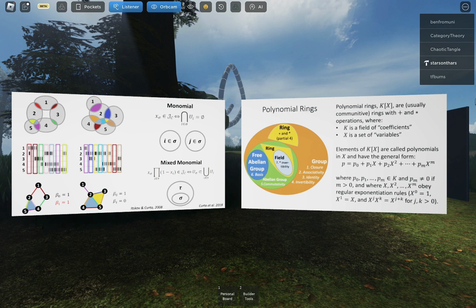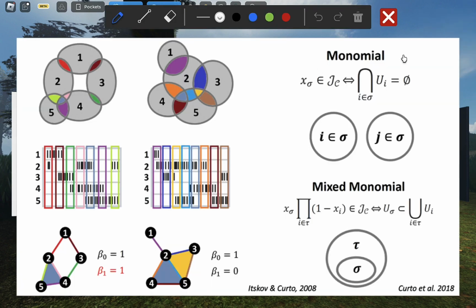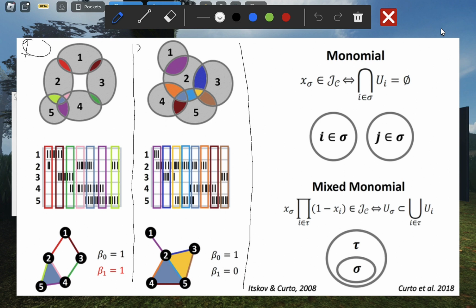So on the left of the left slide, you'll see two sorts of columns. I'm just going to draw those two columns here. Okay, so let's call them example number 1 and number 2. In examples 1 and 2, on the top row, you've got these circles.